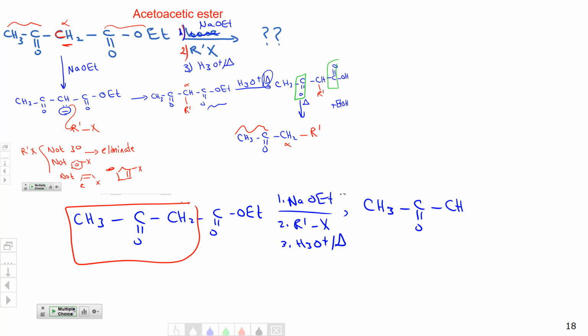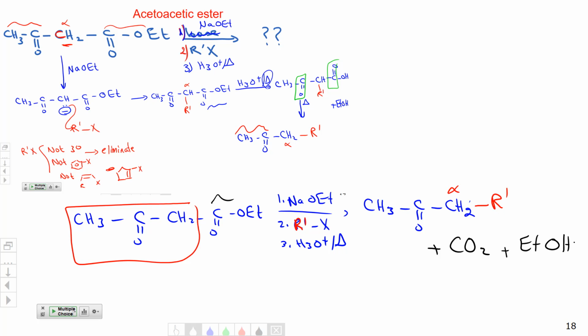This part in here is going to stay as is. On the alpha, the R prime from RX will be attached, plus a CO2, which is the decarboxylation of the ester that's going to end up being a carboxylic acid and an ethanol molecule.